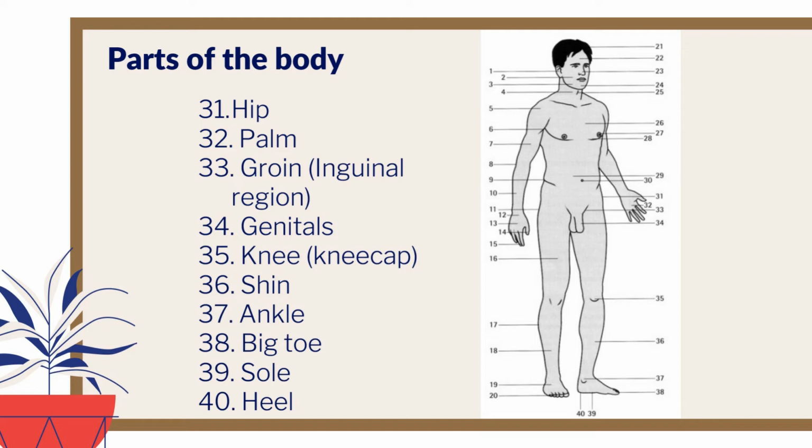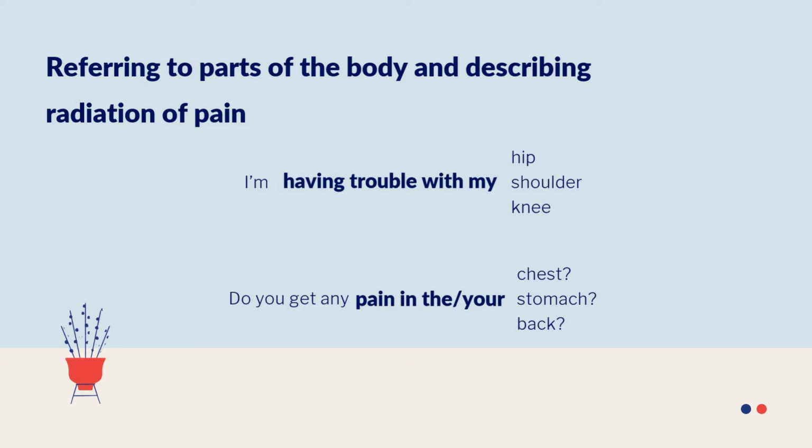Number 39, sole. Number 40, heel. So now repeat as many times as you need to memorize all of these words, referring to parts of the body.